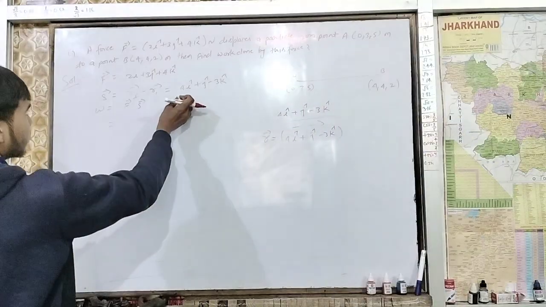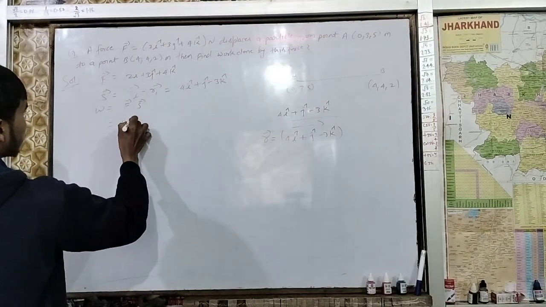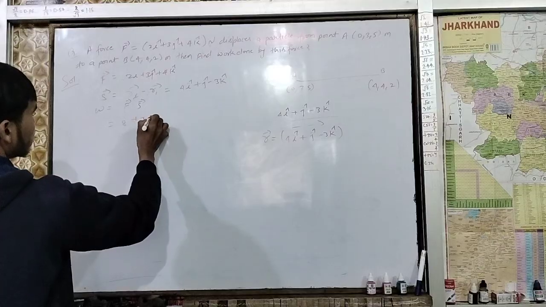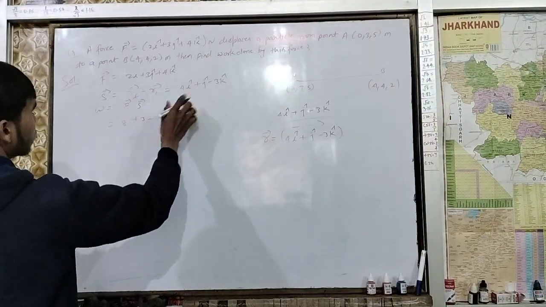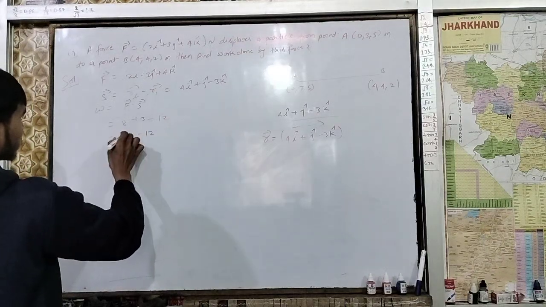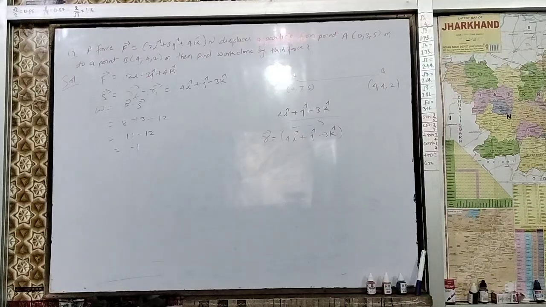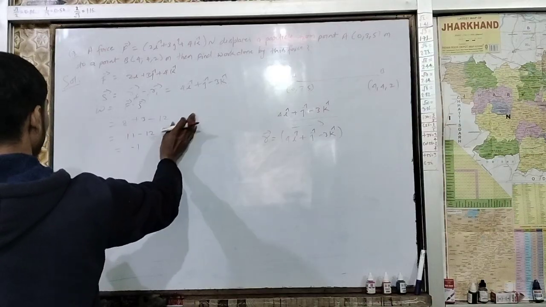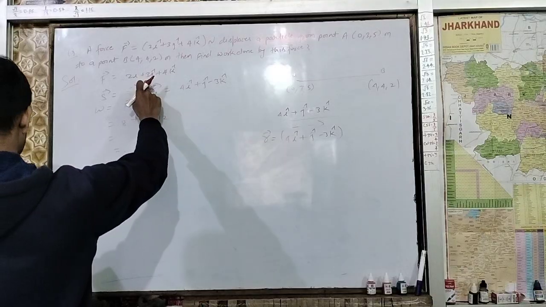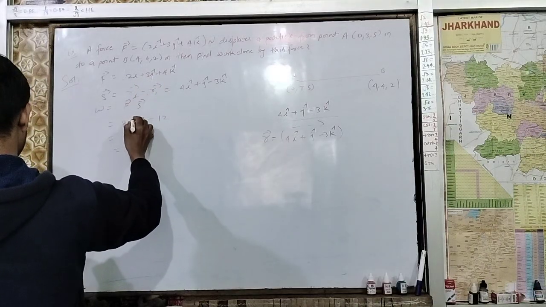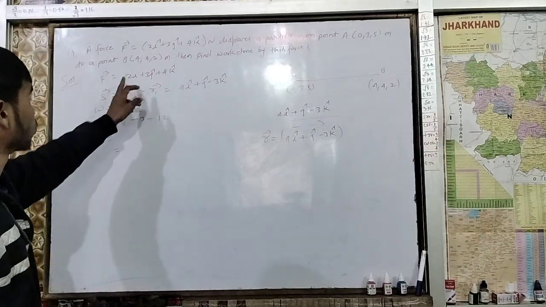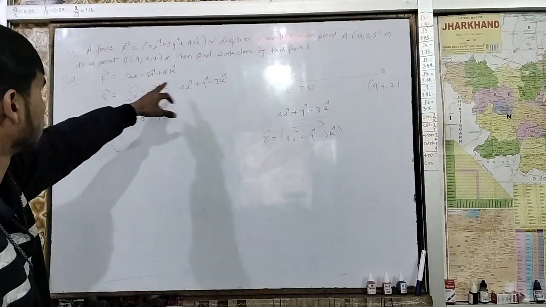We just multiply: 2 fours are 8, 3 ones are 3, and minus 4 threes are 12.